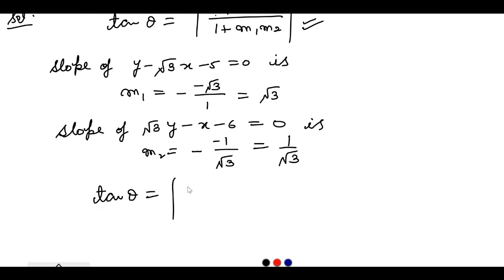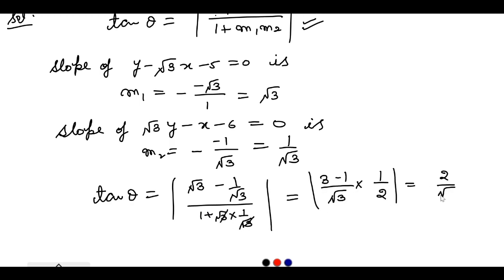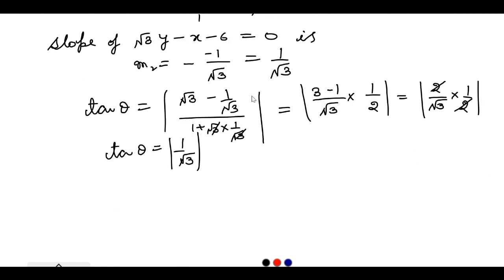Tan theta is equal to m1 minus m2 upon 1 plus m1 m2. Tan theta is equal to 1 upon under root 3 in modulus sign. It means tan theta is equal to plus minus 1 upon under root 3. If tan theta is equal to plus 1 upon under root 3, then theta is 30 degree.